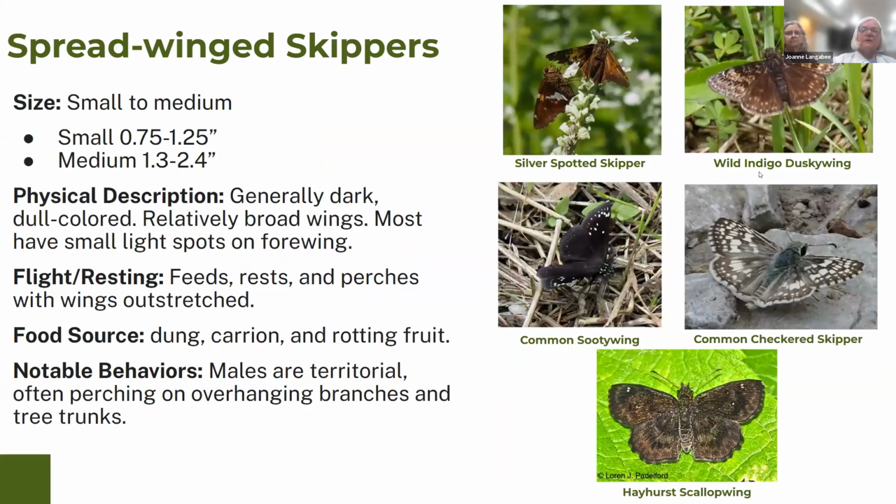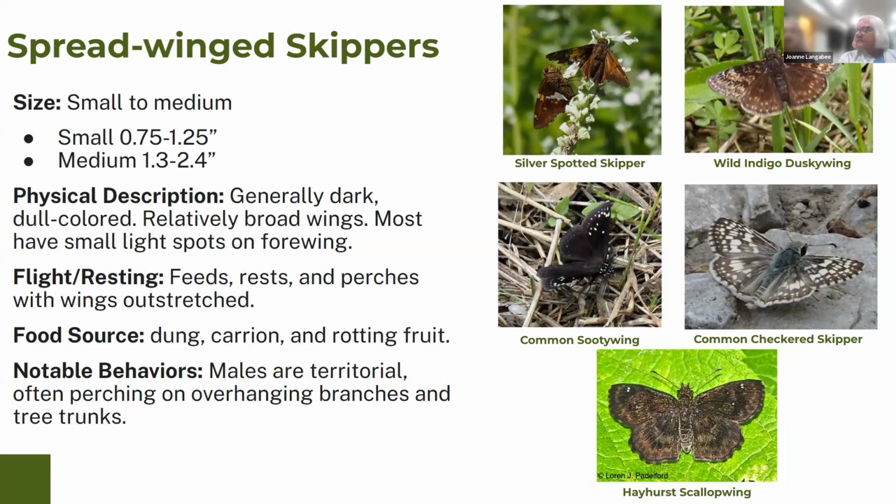Okay. Spread wings. Spread wing skippers. They're named that for the fact that they keep their wings open most of the time, and their wings are pretty spread out. You won't have to worry too much about either the hind wing covering markings on the forewing or vice versa, depending on which side of the butterfly you're looking at. They're generally dark and dull colored, but they do have different types of markings.